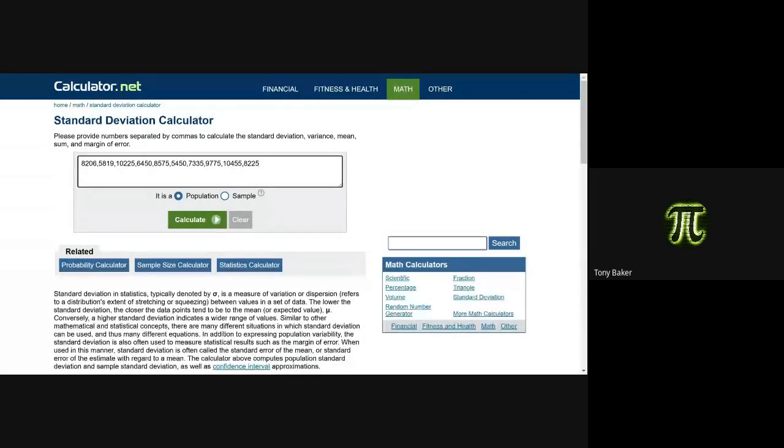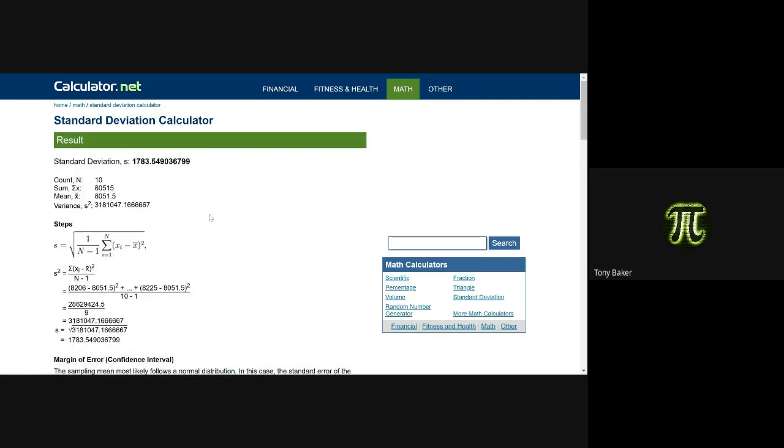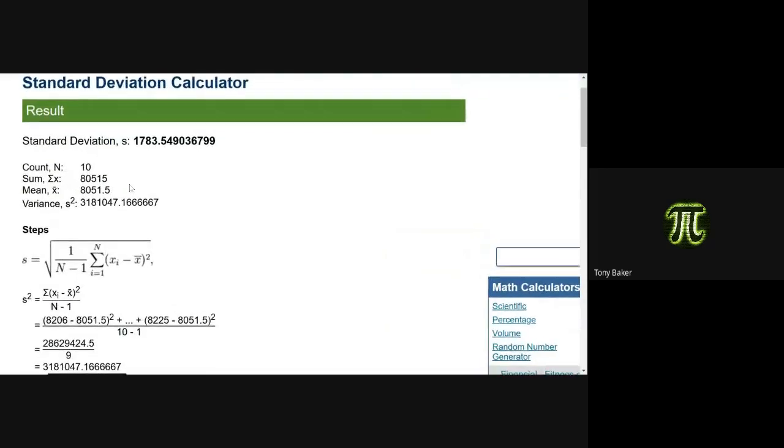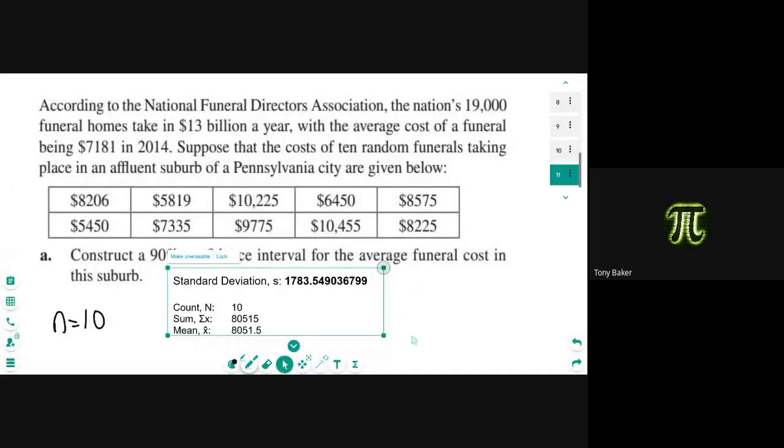All right, so we've got the data put in here. Is this a population or a sample? Sample, so make sure you click sample. All right, so I've got my standard deviation, and the nice thing is it also gives you your mean. So I don't necessarily need to find the mean because it'll do that for me at the same time.